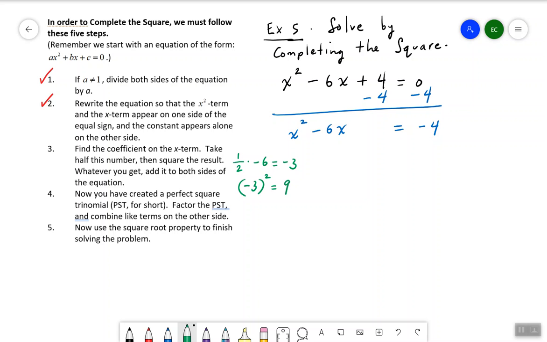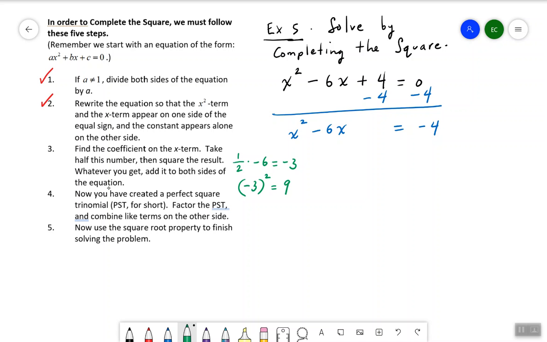That process may seem a little bit mysterious as we get started, but we'll see in just a minute how effective it is for getting what we want. In particular, what we want is a perfect square trinomial.